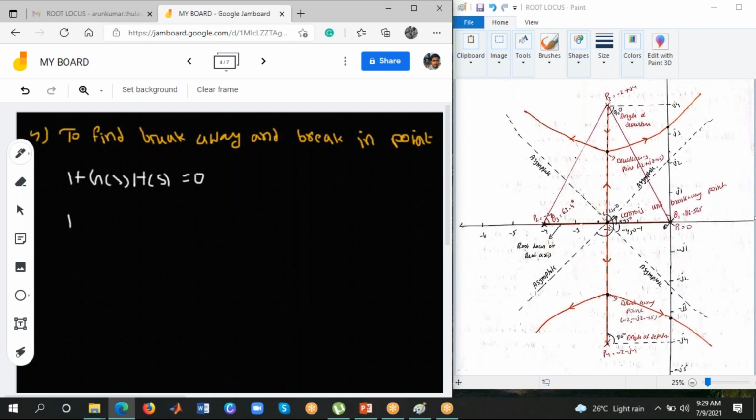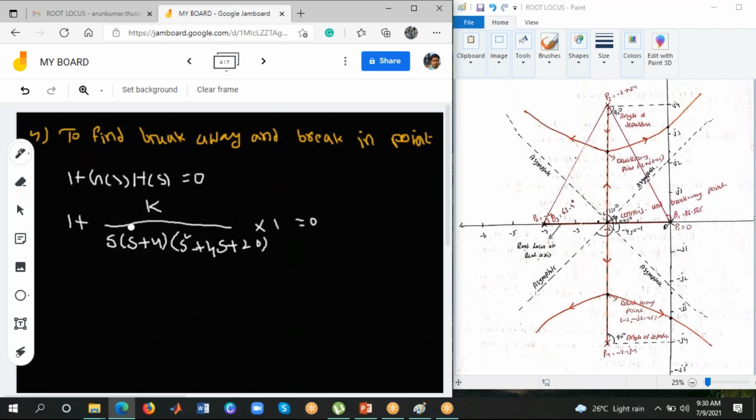So 1 plus the G(s) value is K divided by s into (s plus 4) into (s square plus 4s plus 20), into 1 equals 0.